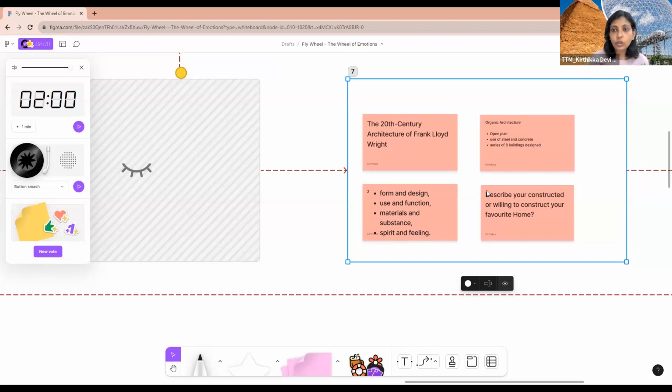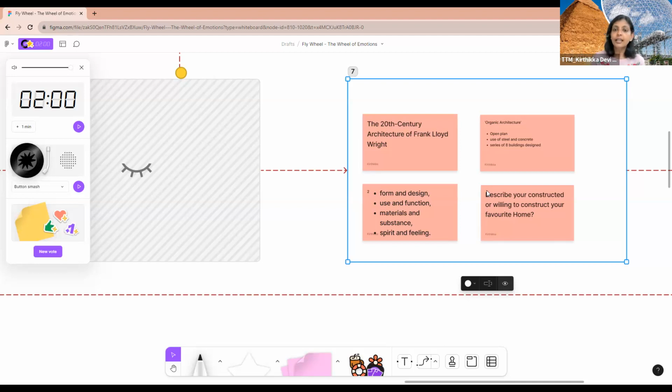He concentrated on form, design, use and function, the materials and substance used for construction, as well as the spirit and feeling of human beings, when he designed the series of 8 buildings during his period.